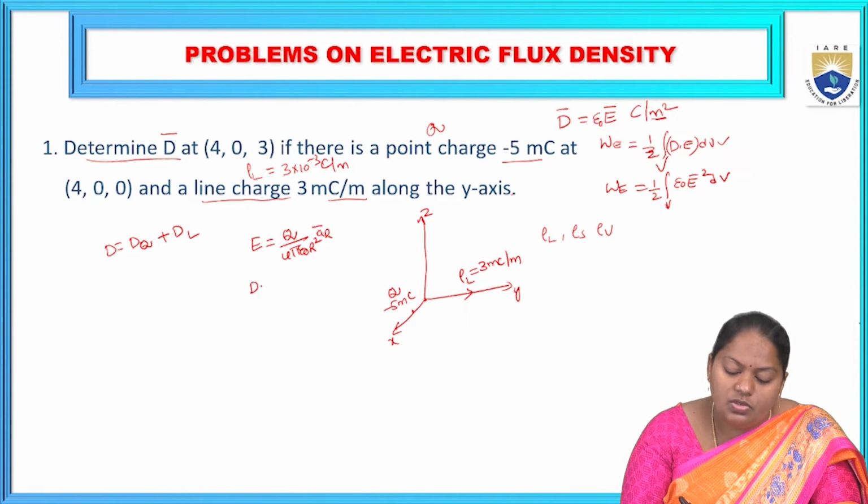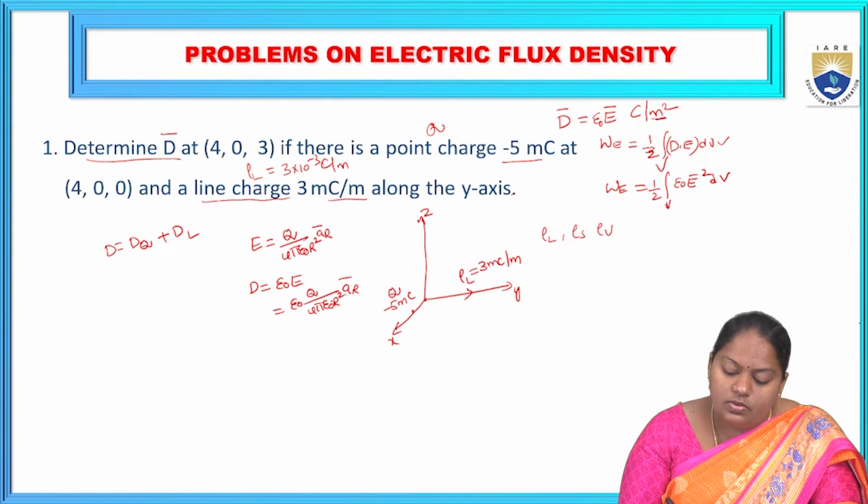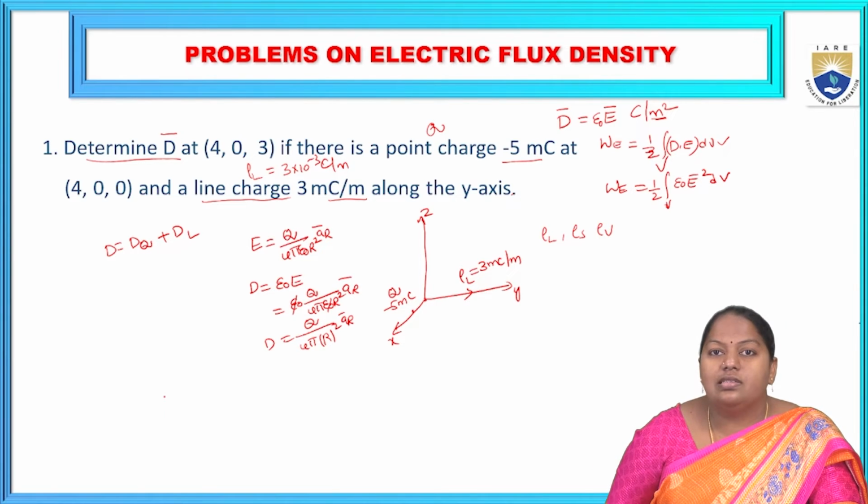If you substitute E in the flux density equation, D equals epsilon naught into E, then D equals epsilon naught into Q by 4 pi epsilon naught r square into AR. This epsilon naught gets cancelled, so Q by 4 pi r square into AR is the formula for the electric flux density.